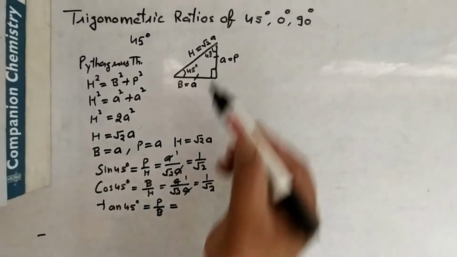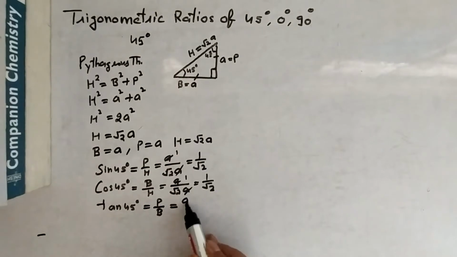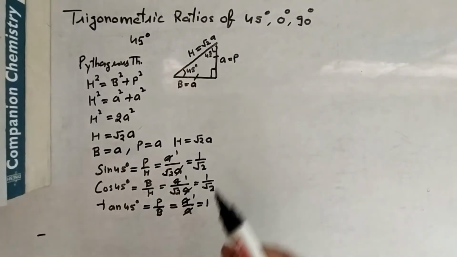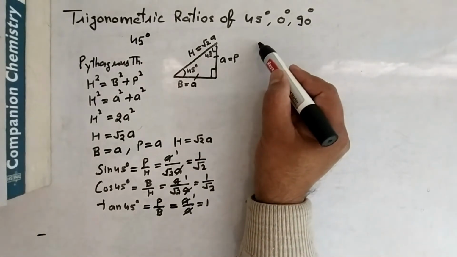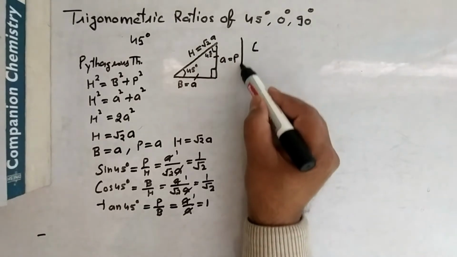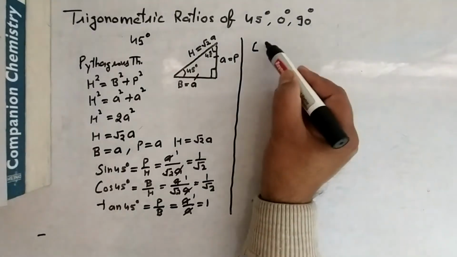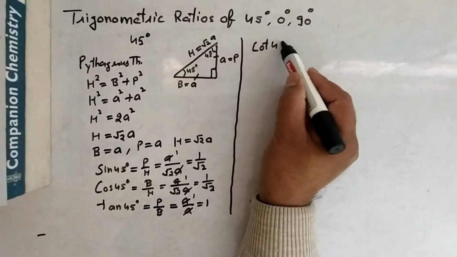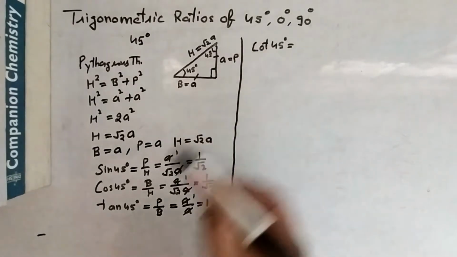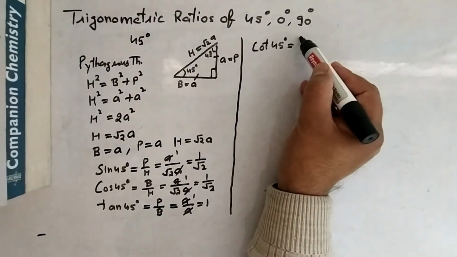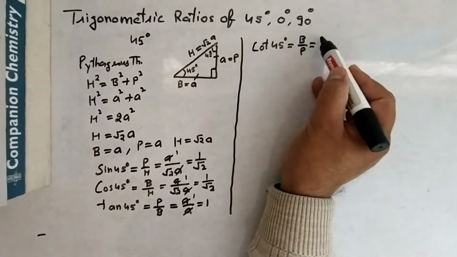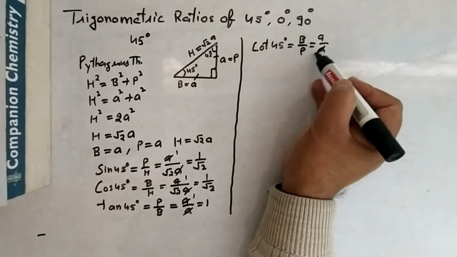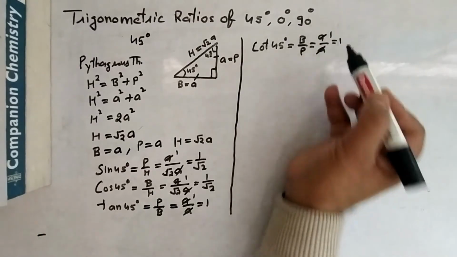Both perpendicular and base are equal, so you get a upon a, cancel out, you get 1. Cot 45 is the reciprocal of tan, or base upon perpendicular. Again a upon a, the answer comes out to be 1.